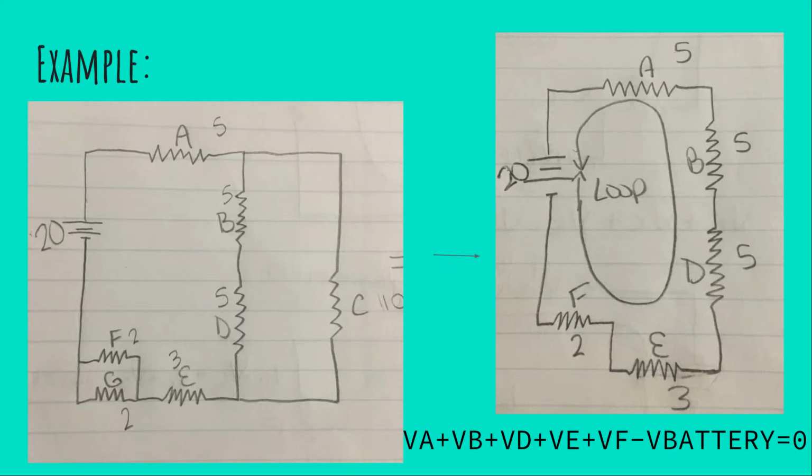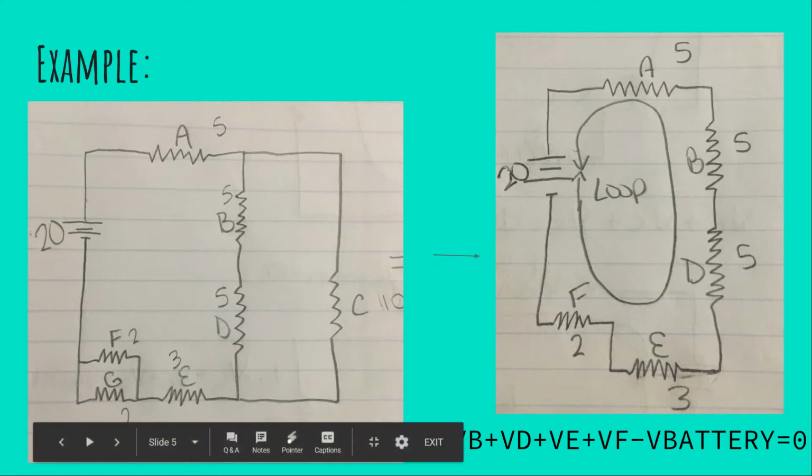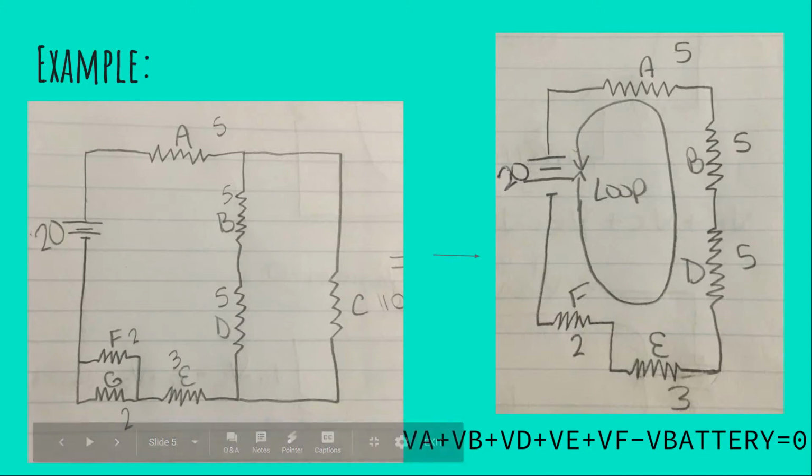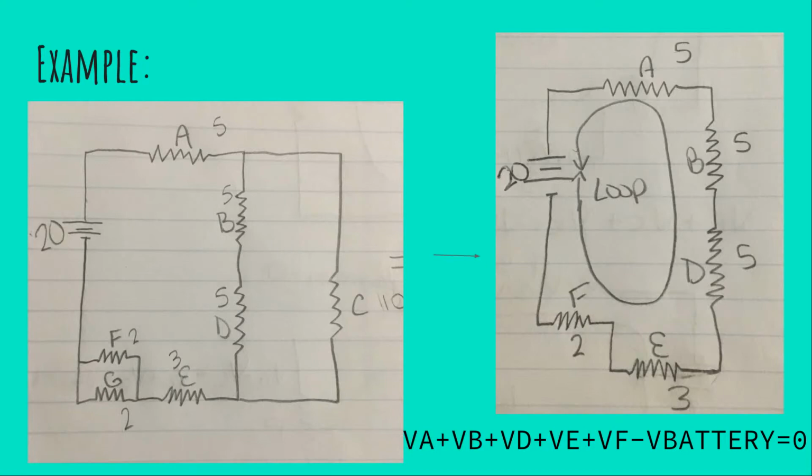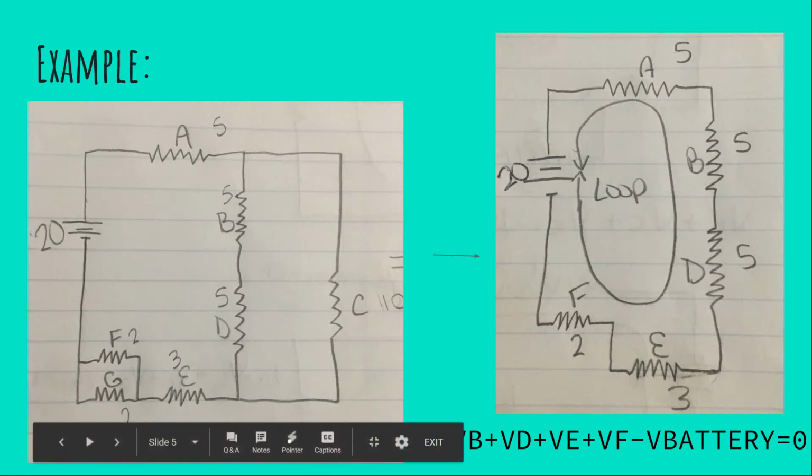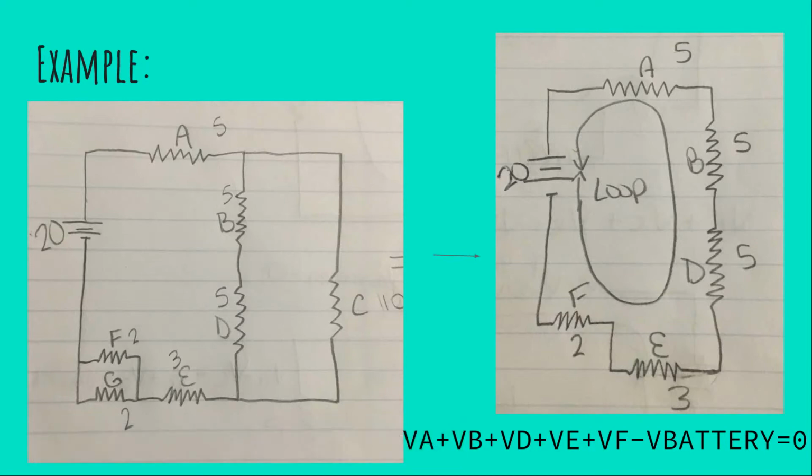So 5 plus 5 is 10, plus 5 is 15, plus 3 plus 2 is 20. So that would be the equation voltage of A plus voltage of B plus voltage of D plus the voltage of E plus the voltage of F minus the voltage of the battery must equal 0.